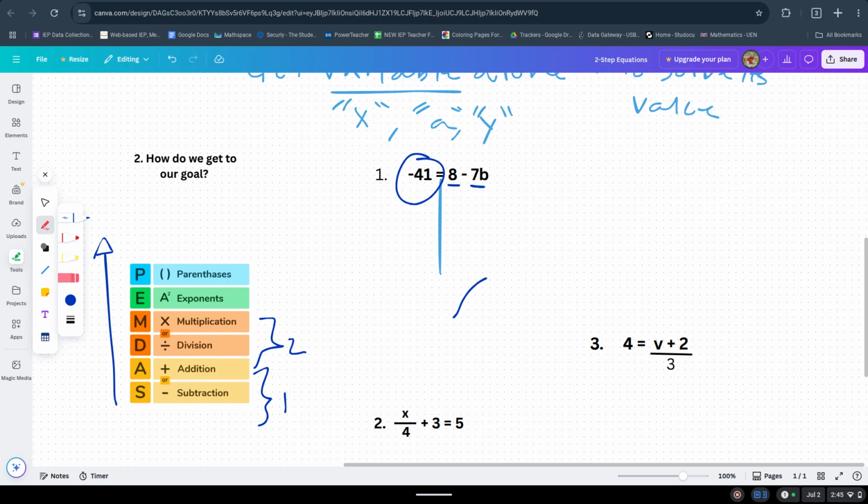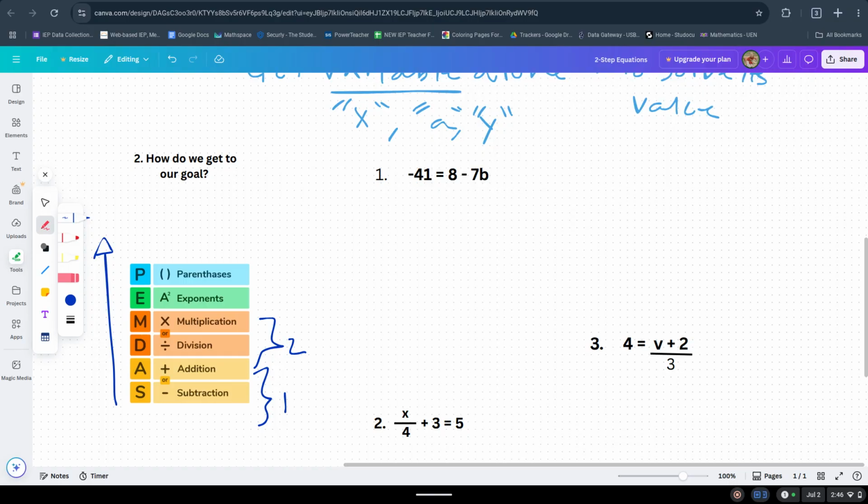So in this example, I'm going to erase this part too. Here we go. Okay, so we're going to look at the numbers and what's happening to them. I have this 8 and I have a -7b. I know that when a variable and a number are touching, that means we have to multiply.